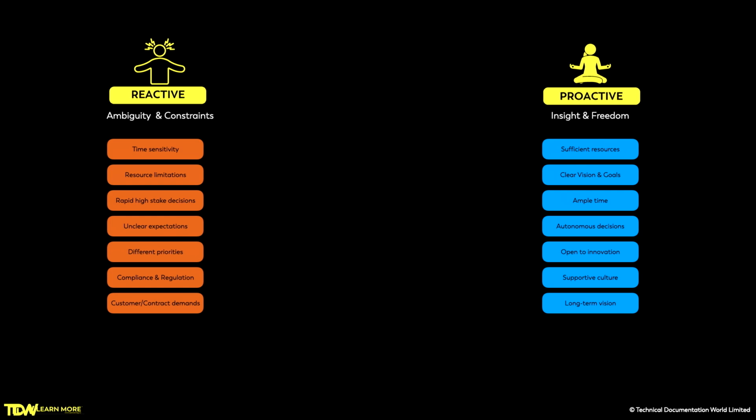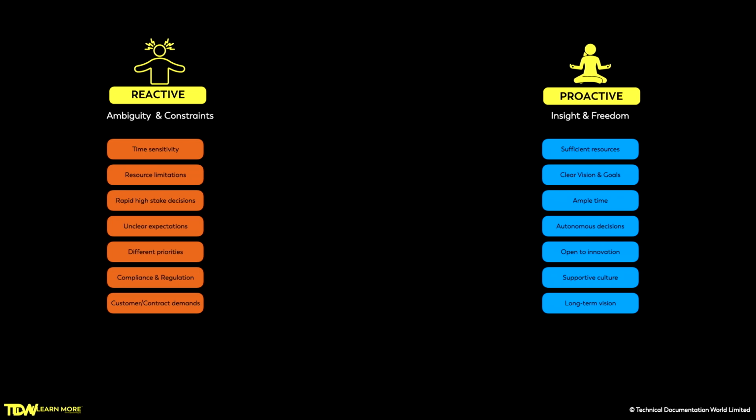So if we look at reactive versus proactive, a reactive position is coming very much, often, not always, often from a position of ambiguity, and is also coming from a position of constraints. Whereas a more proactive one is coming from insight and freedom, to be able to make choices and decisions about what we're doing.